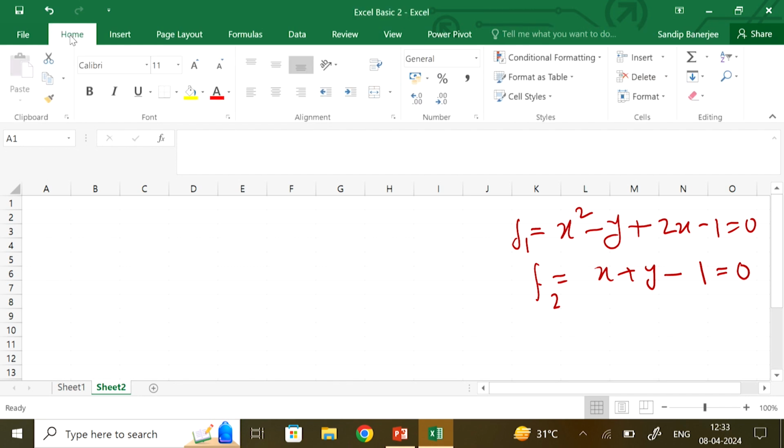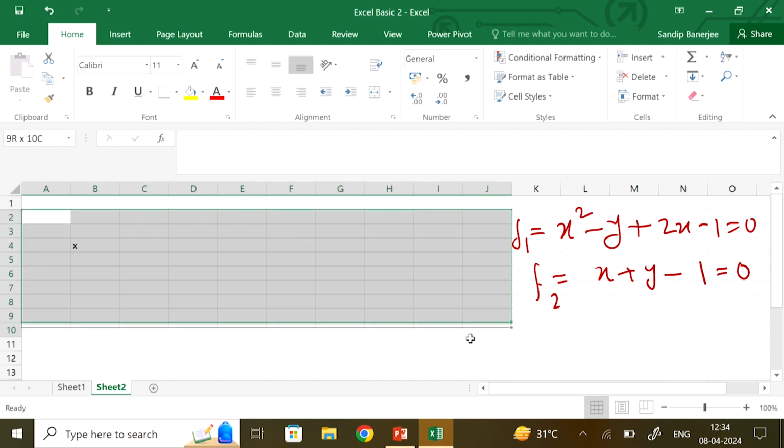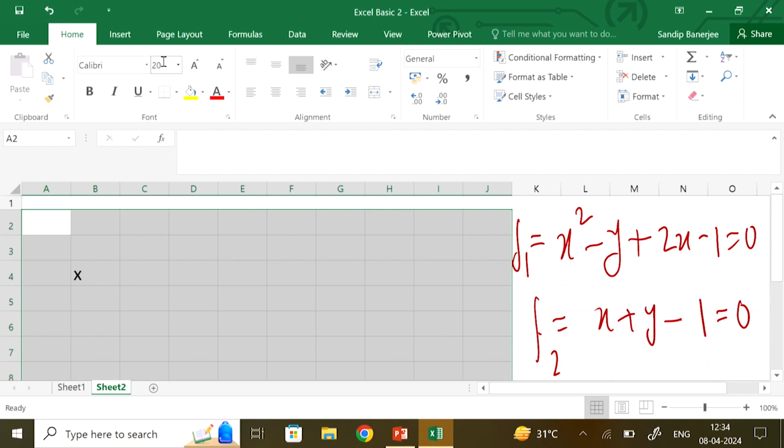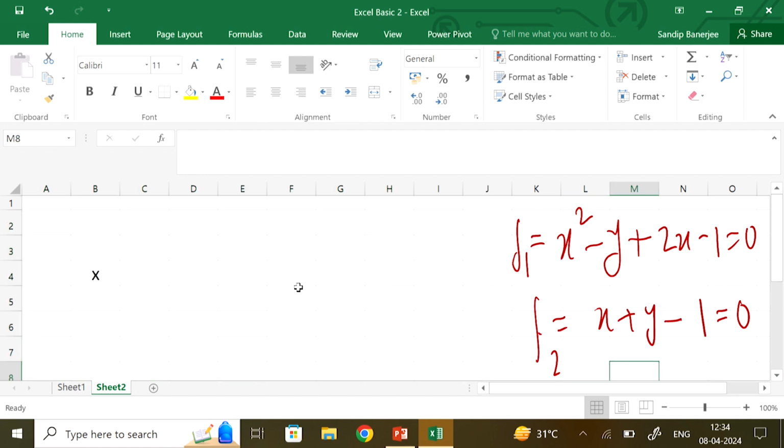Now, what we do first is I need some initial values of x and y. So here is an x. I format this cell, I make this 20 and justify. Okay.